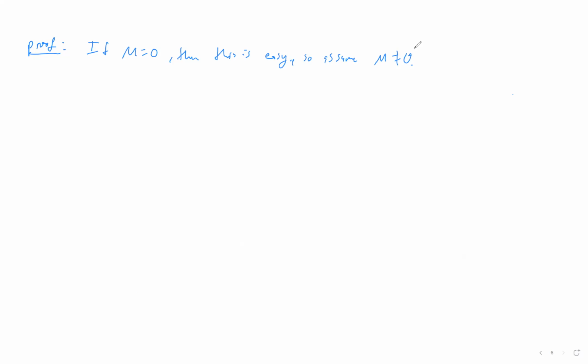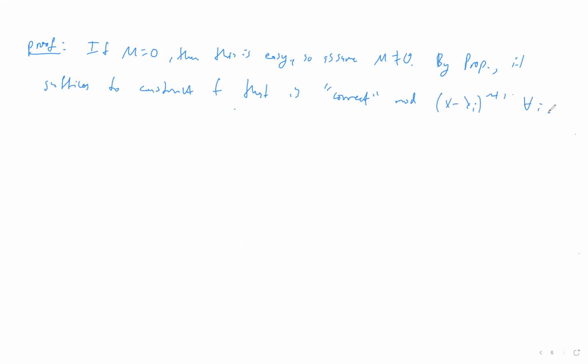Okay, so by the proposition that I showed you before, it suffices to construct some f that is correct. I'll say what I mean by that. Modulo each (x minus lambda_i) to the n plus 1 for all i.